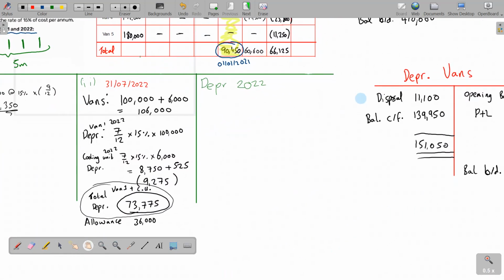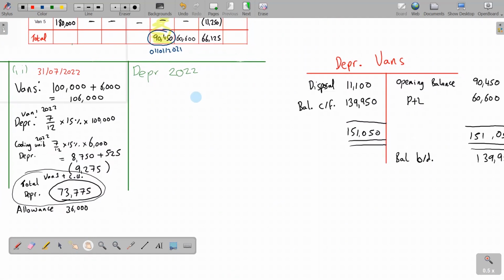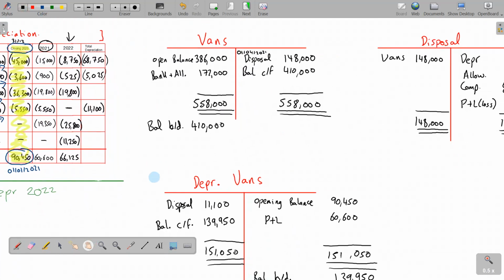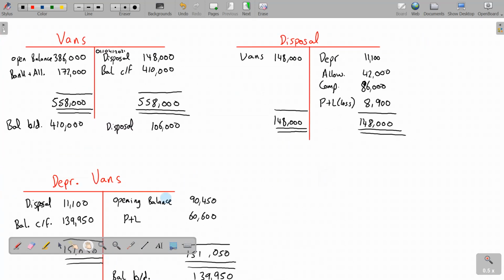Again, talking about our disposal. So we have to take it from our vans. It was 106,000 coming from vans going to disposal. So that will come over here, 106,000 coming from vans.